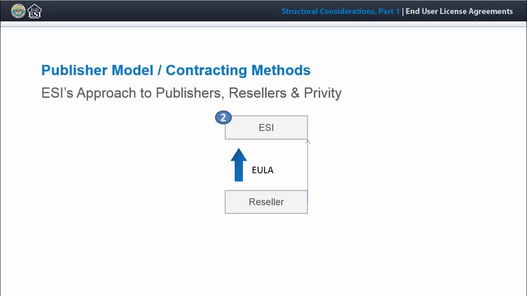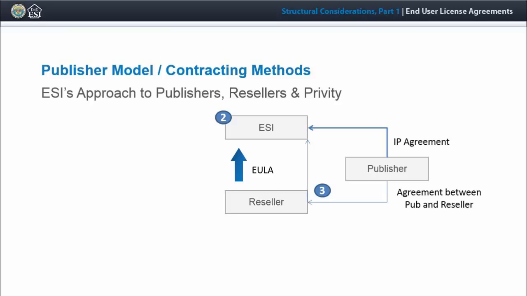If the publisher will not sign the EULA, ESI seeks privity with the publisher for the key IP-related terms in a document signed by the publisher. The third way is if the publisher will not sign a document creating privity for intellectual property issues, ESI seeks to incorporate the publisher agreement with its resellers into the ESI EULA with the resellers.